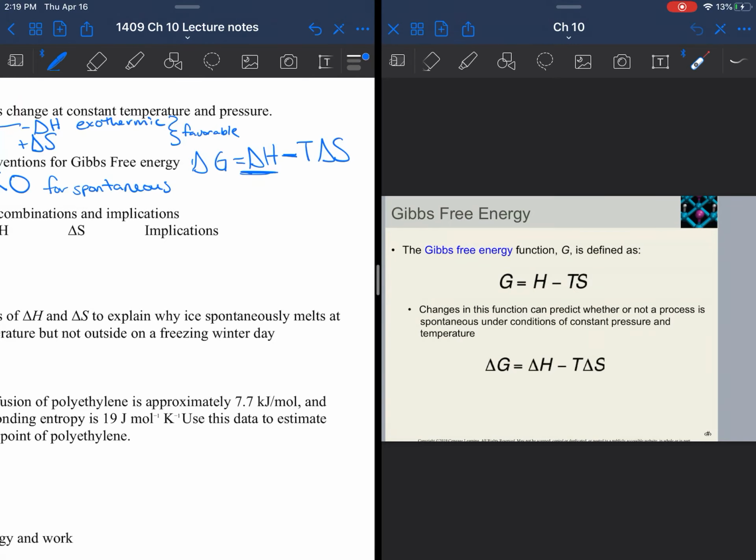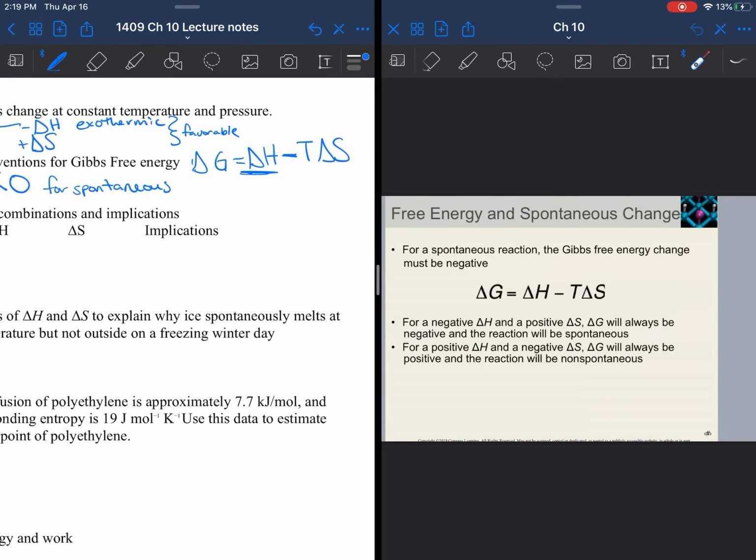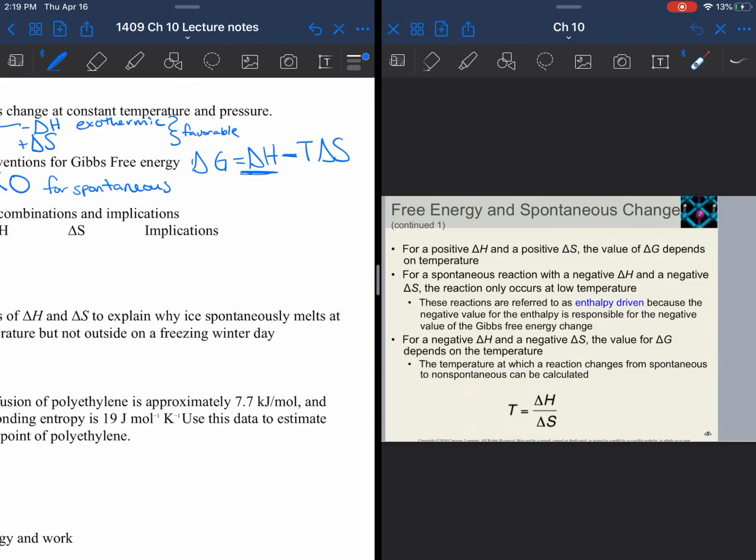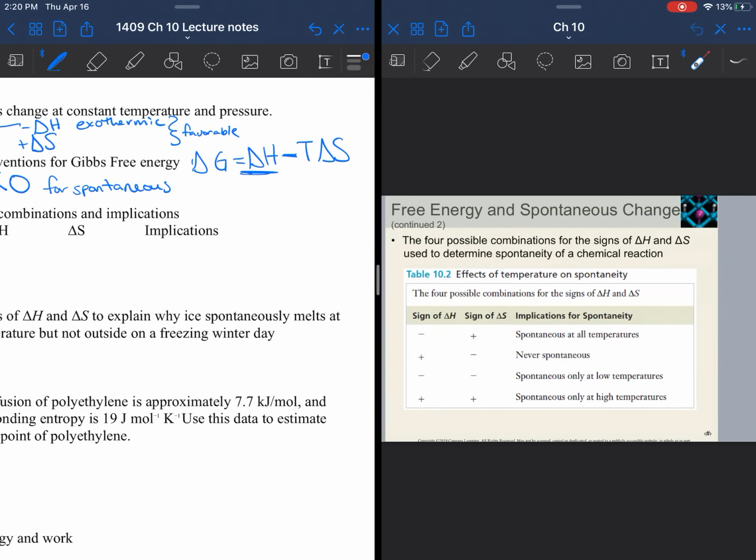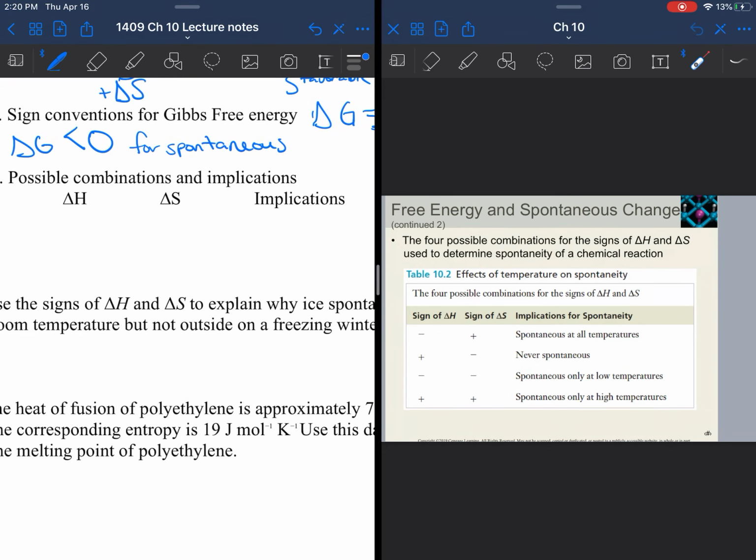A chart that is going to be important for you to understand and is going to summarize what you're seeing on these slides looks at the sign conventions and the implications. So if we have a reaction that is both exothermic and increasing in entropy, it's going to be spontaneous at all temperatures.